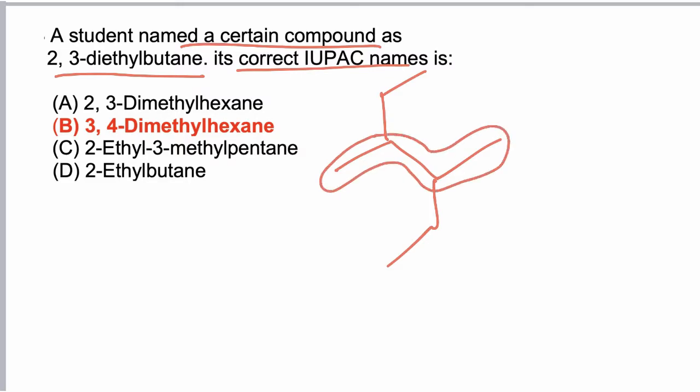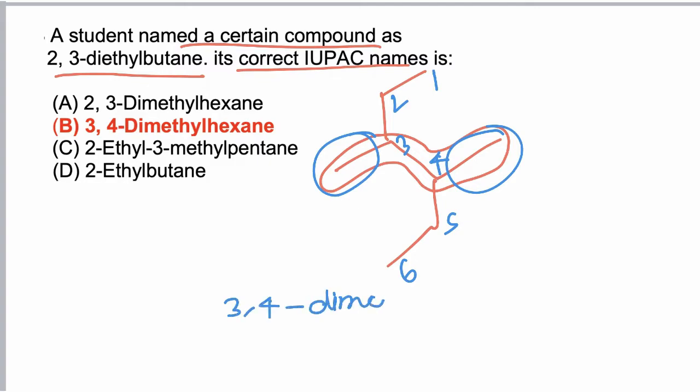We can draw another main chain which has a total of 6 carbons, so this is the longest chain. Now the 3rd and 4th carbons have methyl groups, so the name of this molecule must be 3,4-dimethylhexane, and hence the correct answer is B.